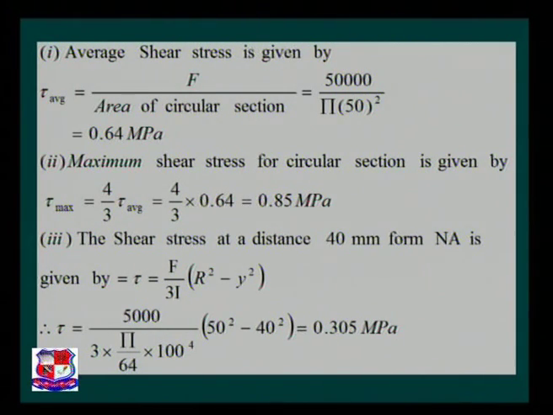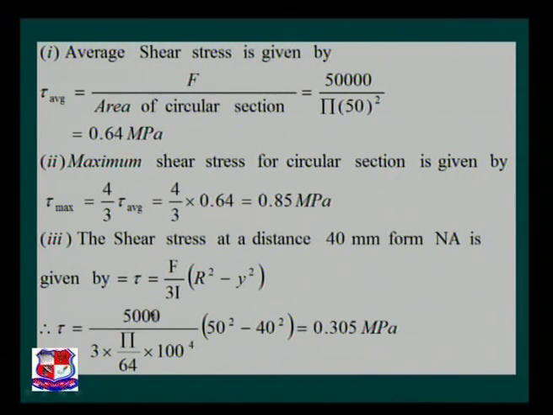that is given by the equation tau is equal to F by 3I bracket r square minus y square. So please remember, F by 3I, not e, but it is 3I bracket r square minus y square.